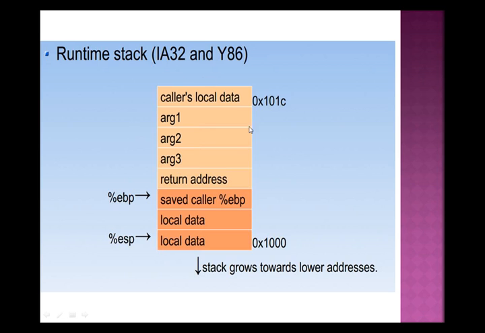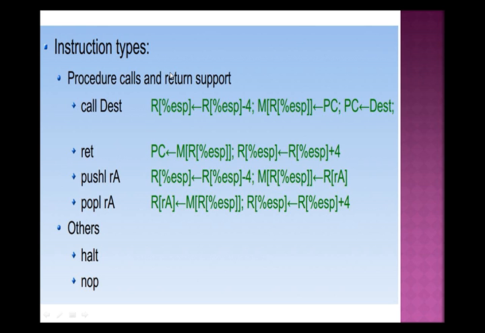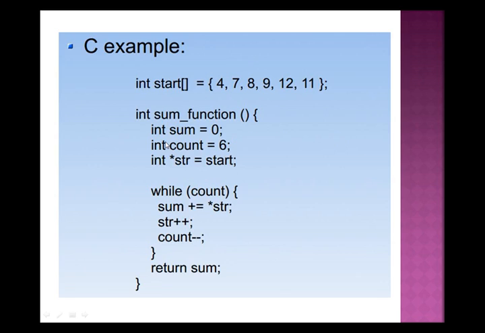This is your runtime stack, that is how the elements of Y86 are stored in the stack, which is LIFO, last in first out. This is local data, argument 1, argument 2, argument 3, return addresses. These are the instruction types for procedure code, how to call a procedure and how to return the values.